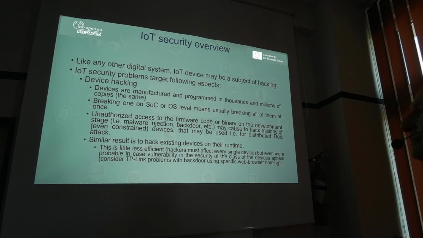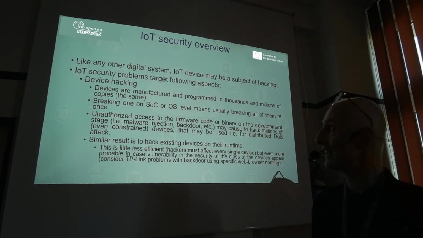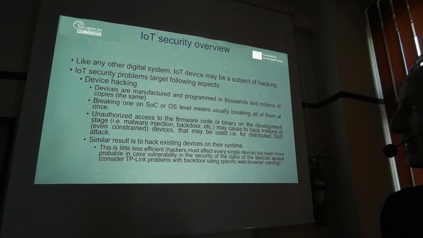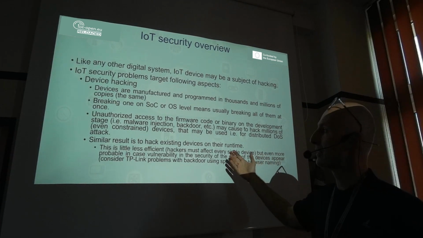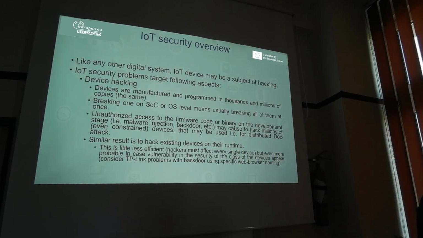So you can create a fake or broken firmware with a vulnerability, but it may also happen at runtime. However, breaking in at the runtime level is a little bit less efficient. Why? Because you need to hack individual devices. Of course, you can do it on a mass scale if you know the vulnerability.